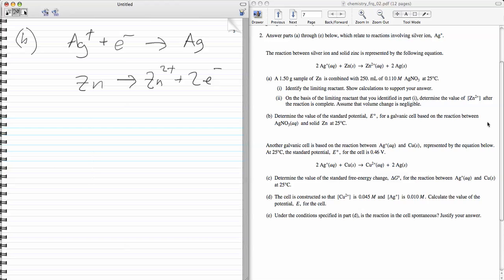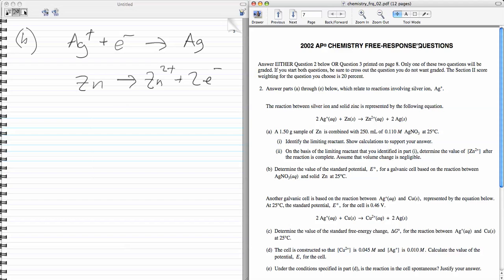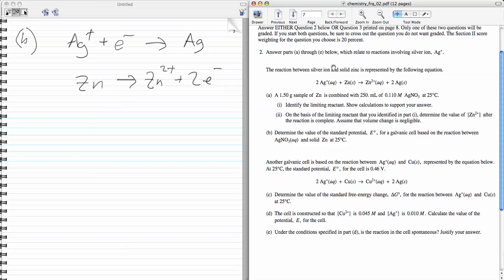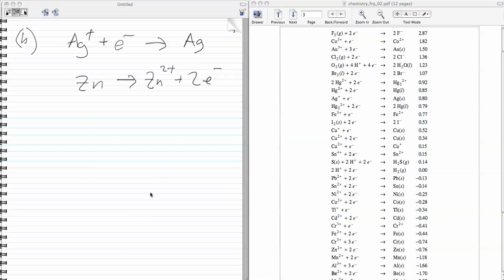So in this case, the silver ion is the one that's going to be reduced. So if we look over here, our reduction potential for silver is 0.8.